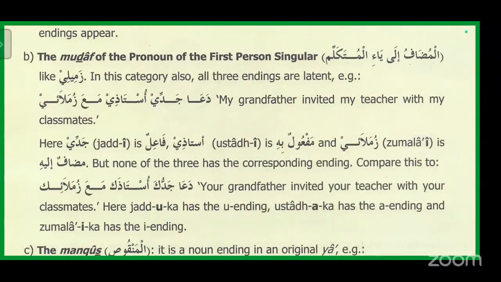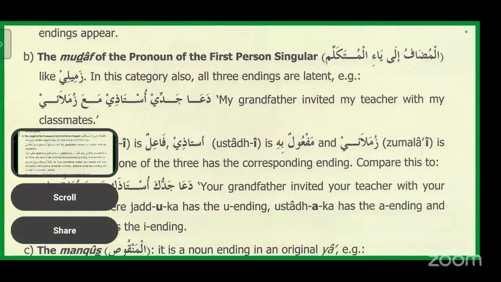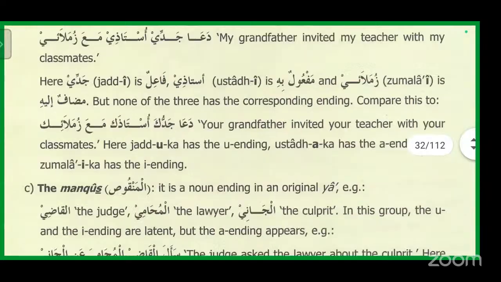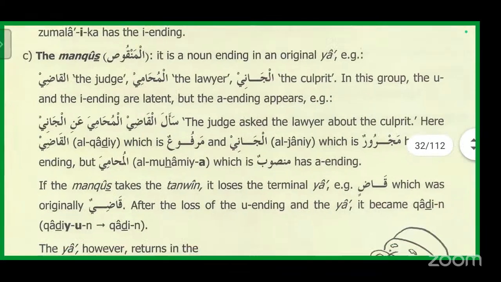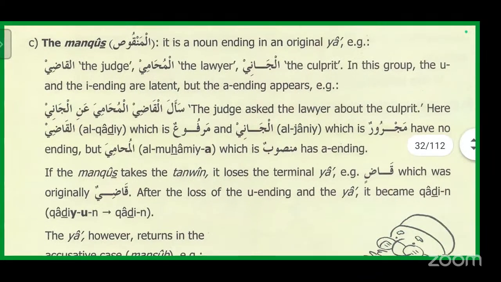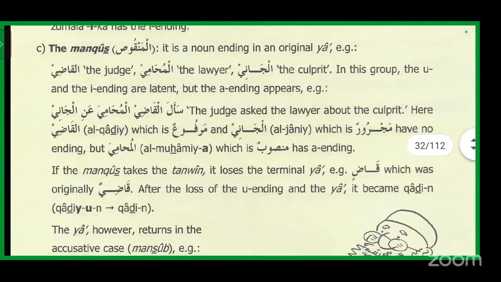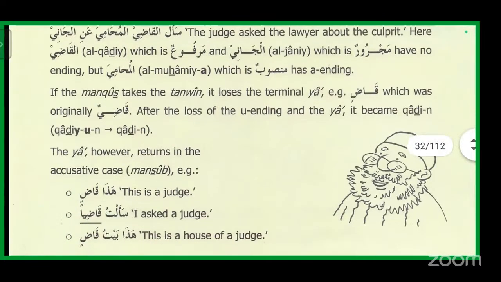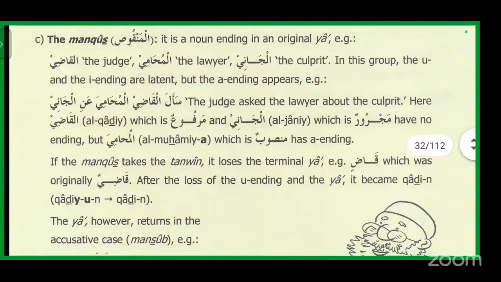The third category is the manqus. It is a noun ending in an original ya. Example: al-qadi, the judge; al-muhami, the lawyer; and al-jani, the culprit. In this group, the u and the i endings are latent, but the a ending appears.